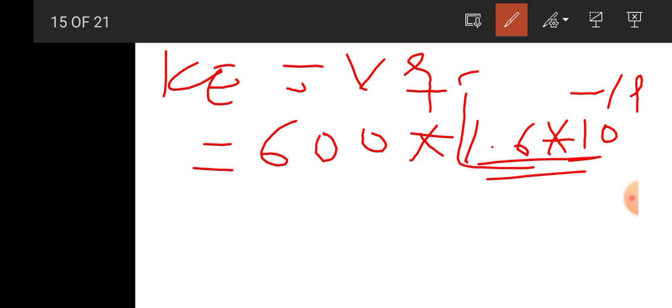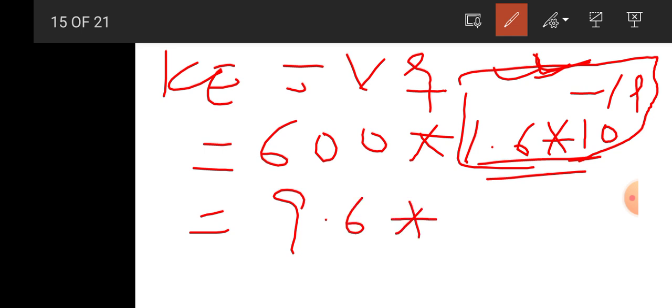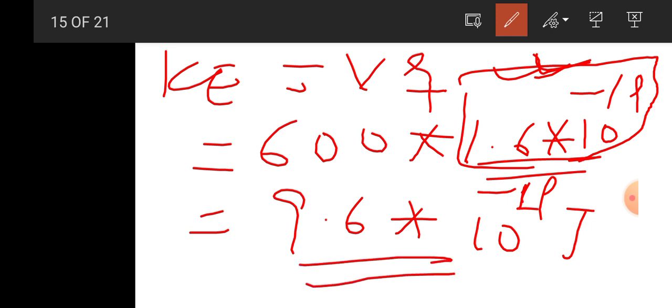This is a small magnitude of charge. So a single electron carries this much charge. This is equal to 9.6 times 10 to the power of minus 19 joule. This is the kinetic energy of the electron when it is emitted from the cathode and accelerated towards the anode.